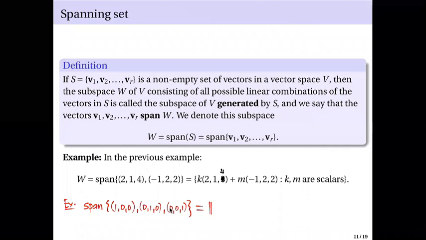So the span of these vectors will give you the three-dimensional space, R3.